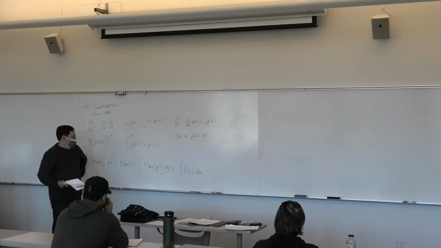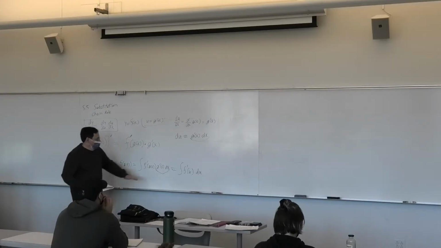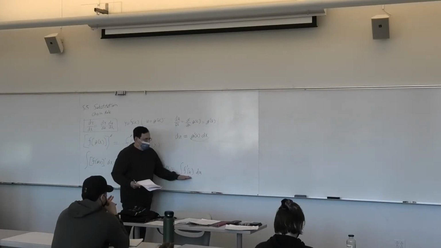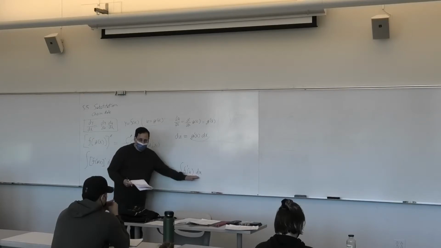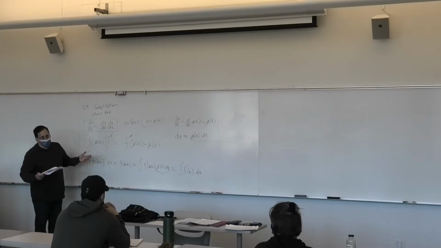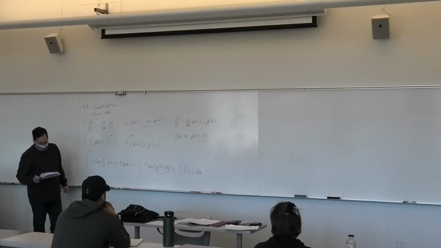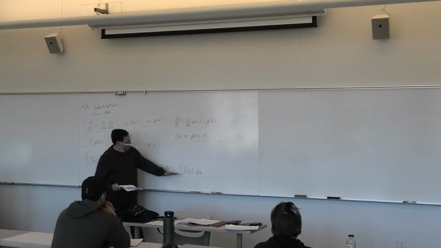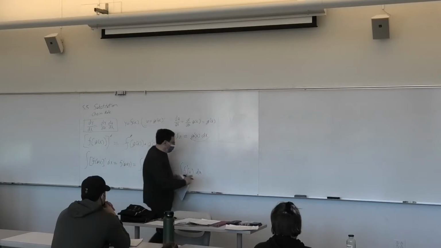Now, this all depends on the fact that solving this integral is easier than solving this integral. If not, we've done this all in vain. We also have another issue, which is when we're done, we're going to get some f of u.